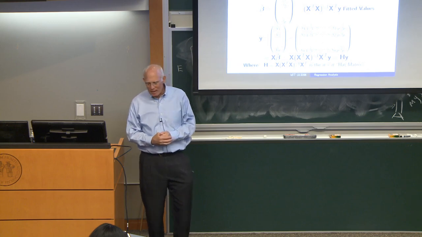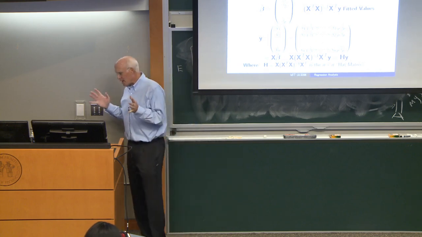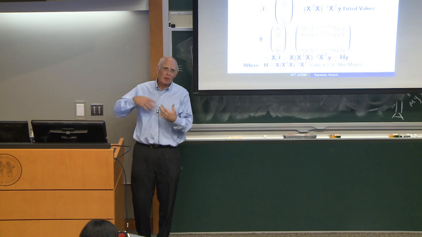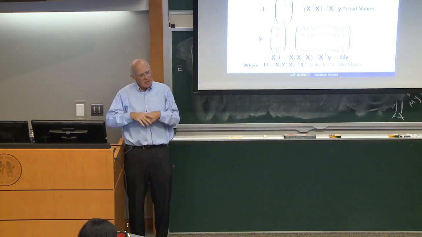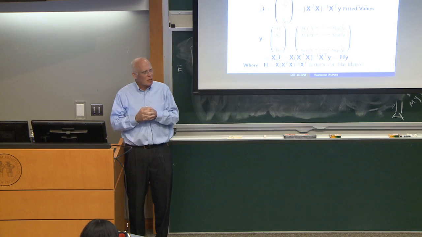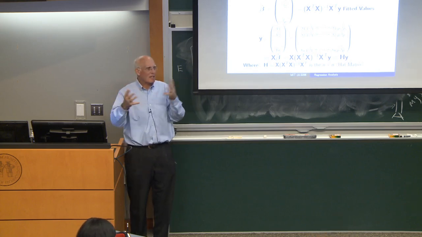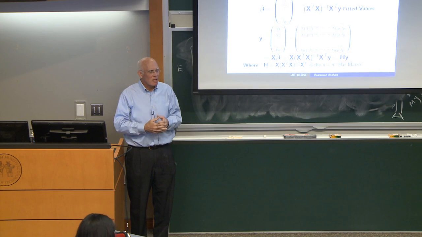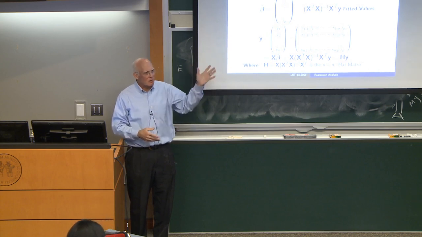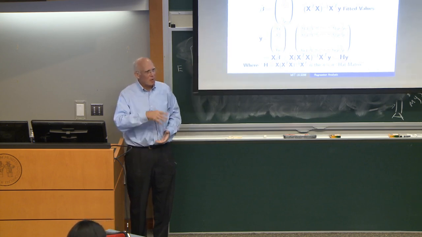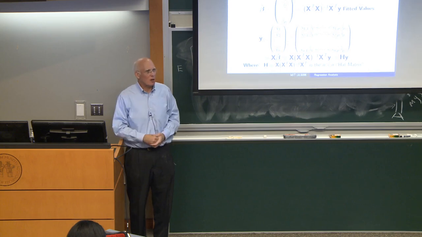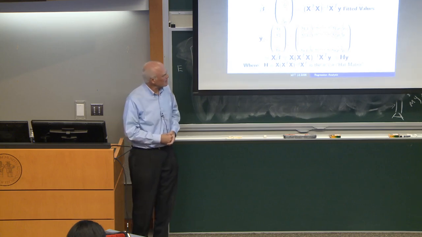So in understanding linear regression, you can think of how we get estimates of this p vector. That's all very good and useful, and we'll do a lot of that. But you can also think of what's happening in the n-dimensional space. You are representing this n-dimensional vector y by its projection onto the column space.